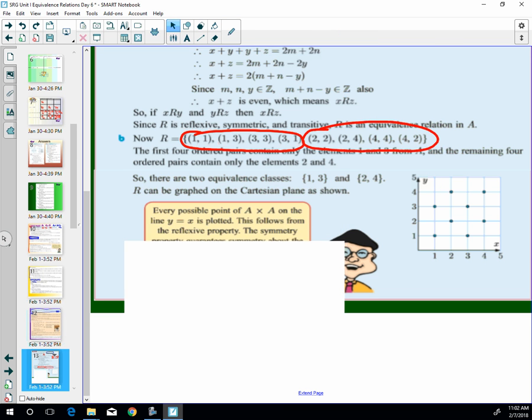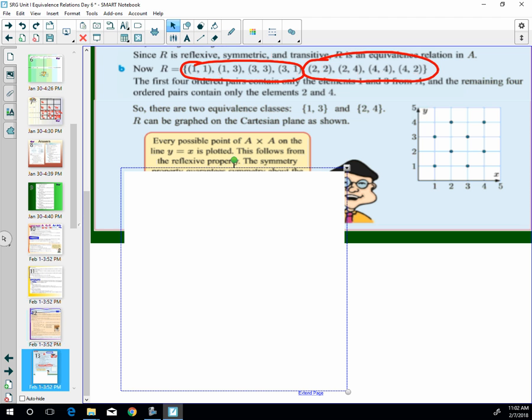So what they would say is there are 2 equivalence classes. One class of pairs that have 1 and 3, and one class of pairs that have 2 and 4. So those are the 2 classes. I looked at all the other examples. This really did a nice job of showing what those classes were. When you put those together, there's one class, there's a second class.